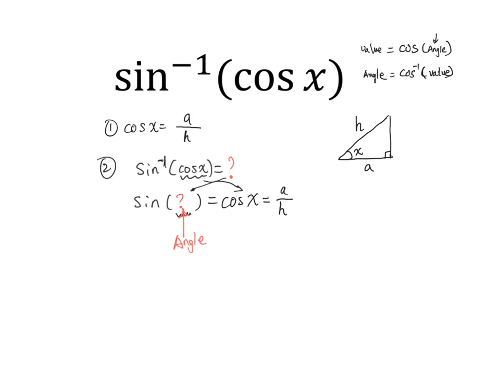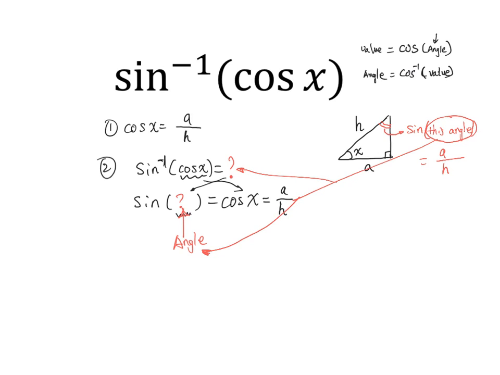If you can recall that sine is opposite over hypotenuse, you can see that, hey, sine of this angle is going to be equal to opposite, which is A over H. That's what we want to find. So therefore, this angle should be the answer for our question mark, right?